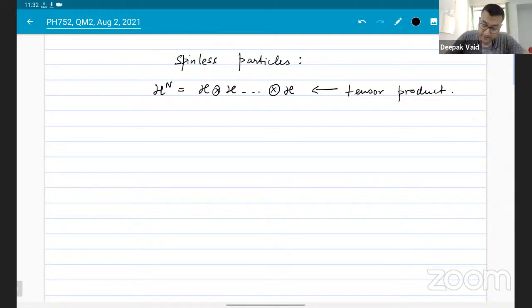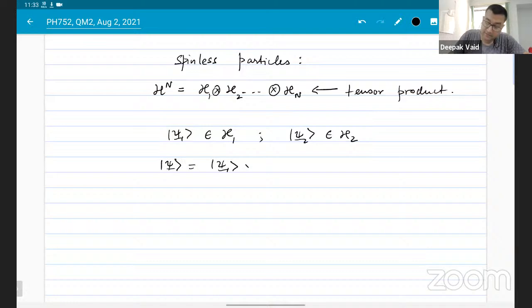Let's say that you have a state psi1 which lives in one Hilbert space, and I'll put an index 1 to n to indicate that this is the state for the ith particle. And you have a state psi2 in the second Hilbert space. Then how would you write the collective state? You would write it as psi1 tensor psi2, okay?